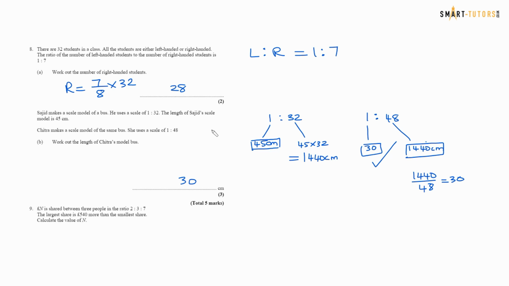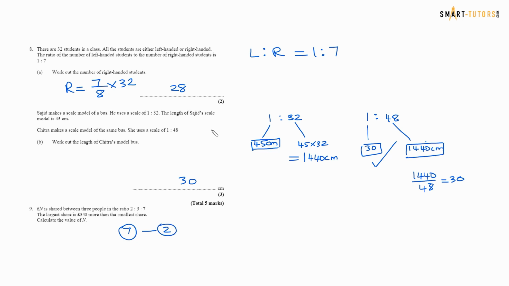Question number 9. N pounds is shared between the people in the ratio 2:3:7. The largest share is 540 more than the smallest share. So the largest share is 7, the smallest share is 2.